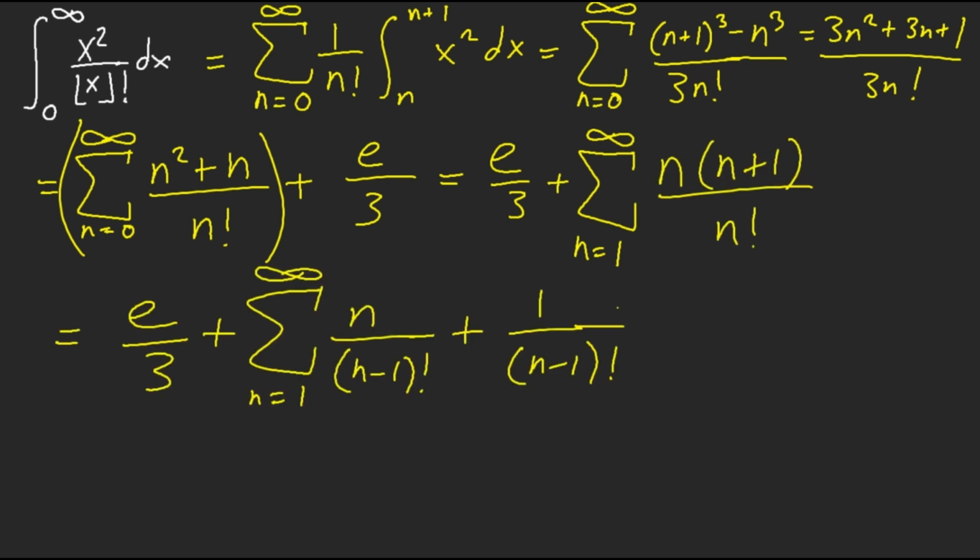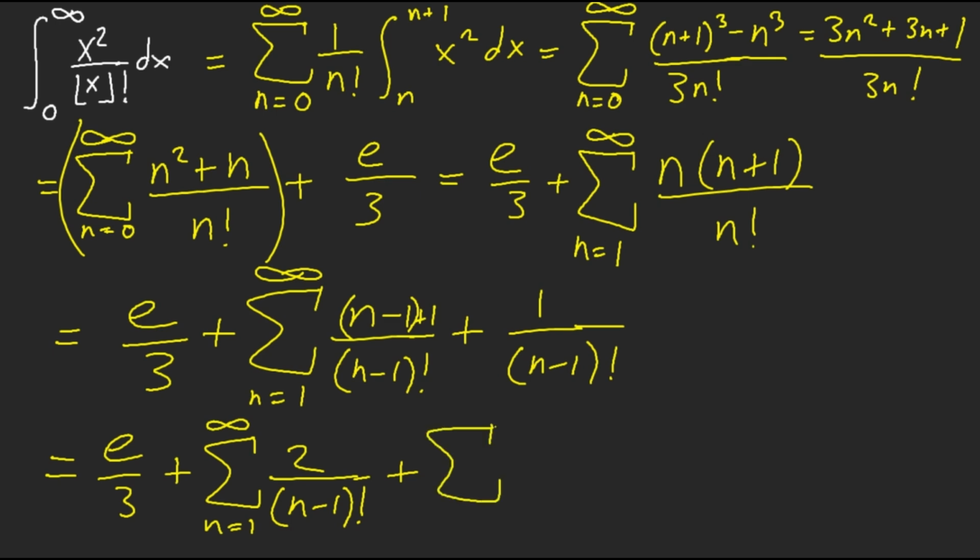Okay. So we have n plus 1. We technically have n plus 1 over n minus 1 factorial. But here I can go minus 1 plus 1. Because we have n minus 1, if we plug in 1, it's 0. So now that's useless. N equals 2. We can shift it.